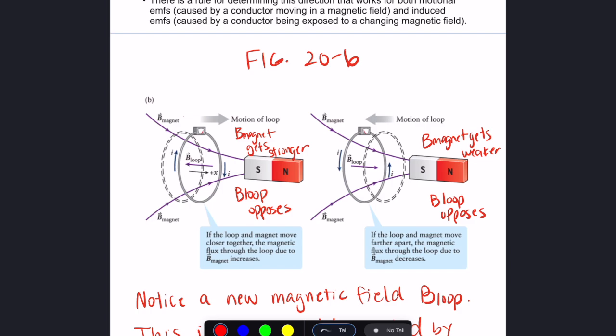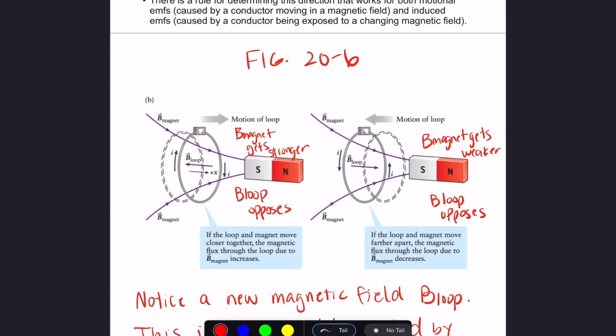And where does B loop come from? B loop is created by the induced current that we saw in the previous sections. And so the idea here is to figure out the current direction. You're going to kind of work the other way, right? We know that the change in flux produces a current, and then that current produces a magnetic field.